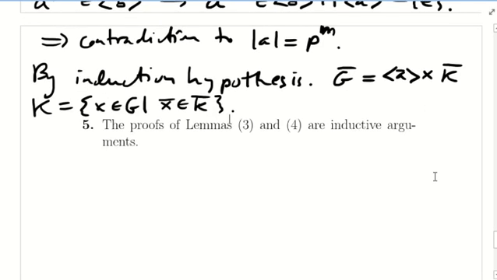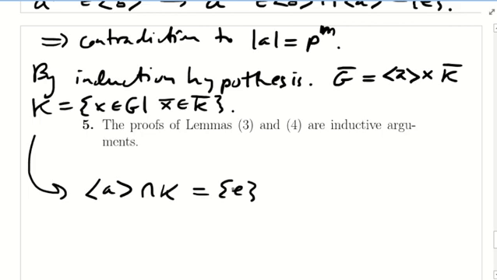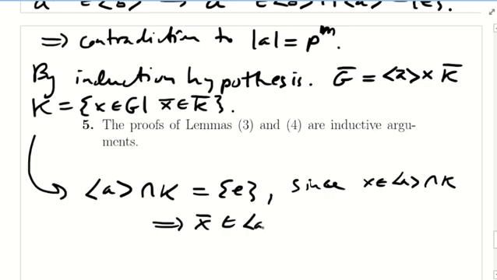So let me say, now notice this must be the identity, and the reason for that is because since any X bar in the subgroup generated by A, any X in here would give a coset in G bar that's in the subgroup generated by A bar and K bar, but we know that's the identity bar, okay?